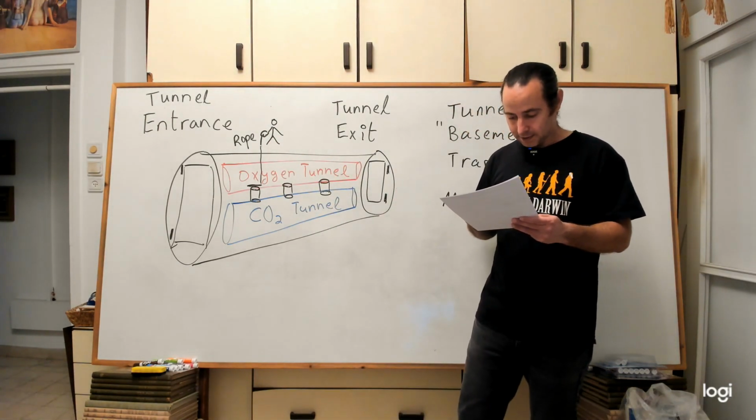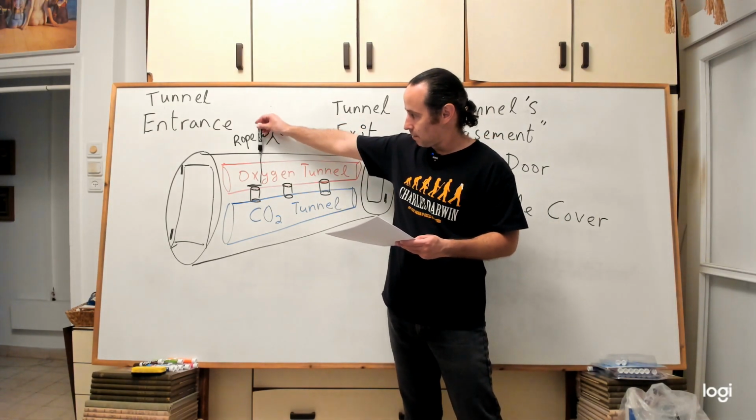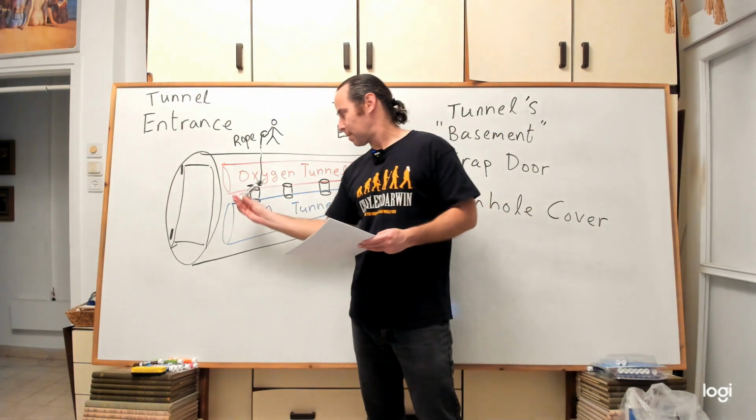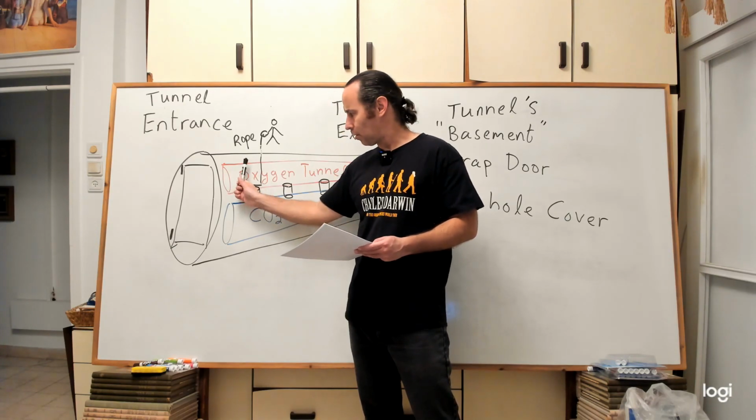The rope passes through a small hole in the ice ceiling of the tunnel, here, like a trap door. This is like a trap door. It can be like this or like this. It's closed or open.